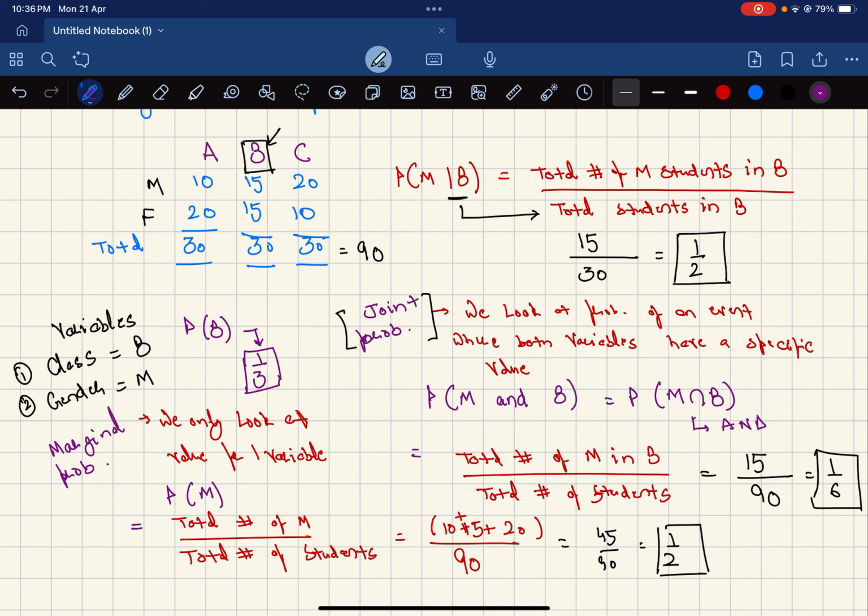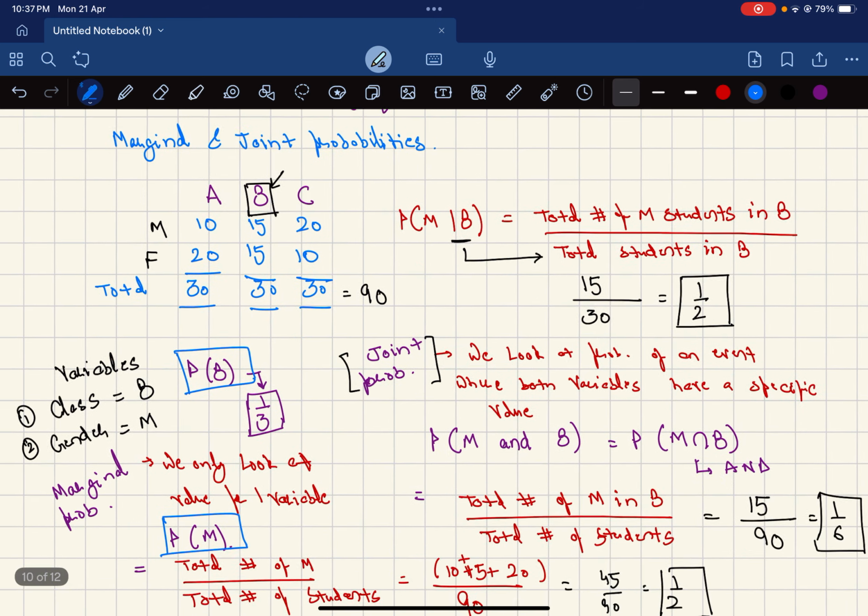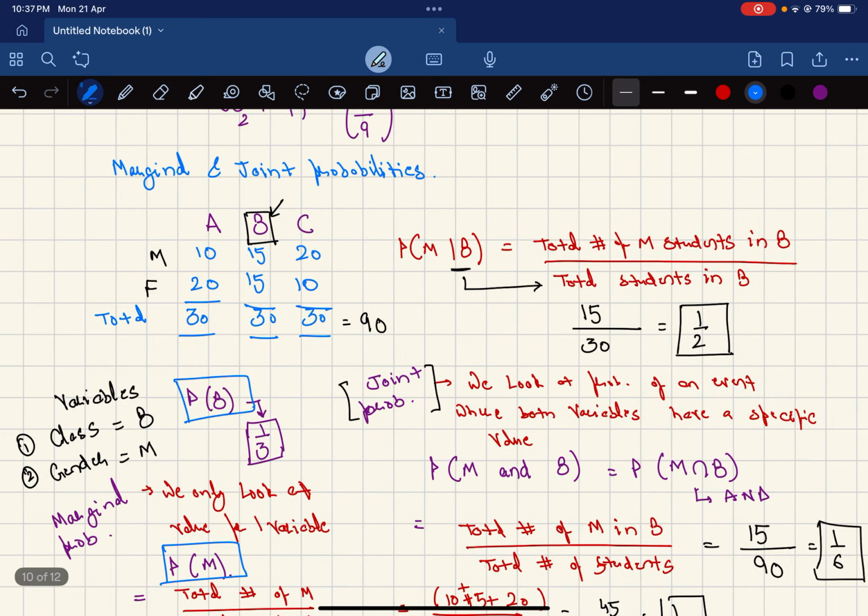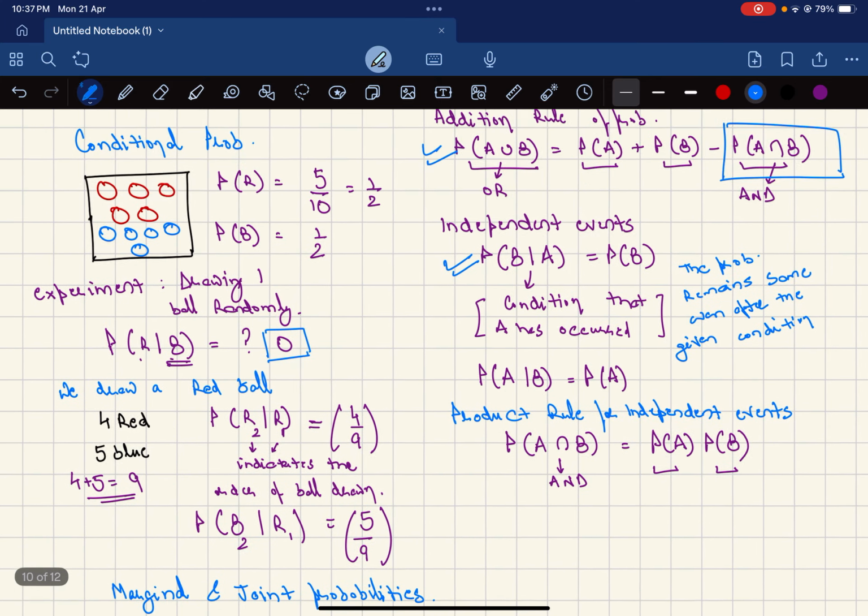So the marginal probability P(M) was the marginal probability for the variable gender, where we are putting the value of M, and then for the marginal probability based on the variable class, we are calculating the probability of getting a particular person from class B, which is 1 by 3, since there are equal numbers of students in each class. So these are the basic differences between conditional probability, joint probability, and marginal probability.